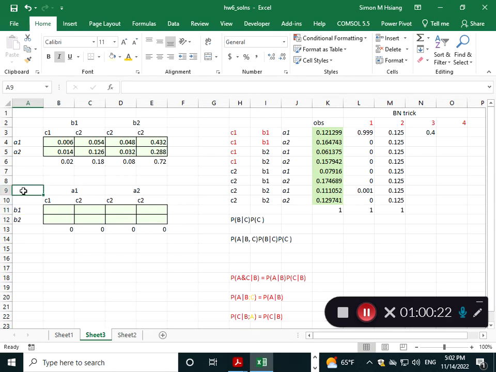Here, I know what I really want to do is saying this. Can I have A1, A2 here, and C1 and C2 here?